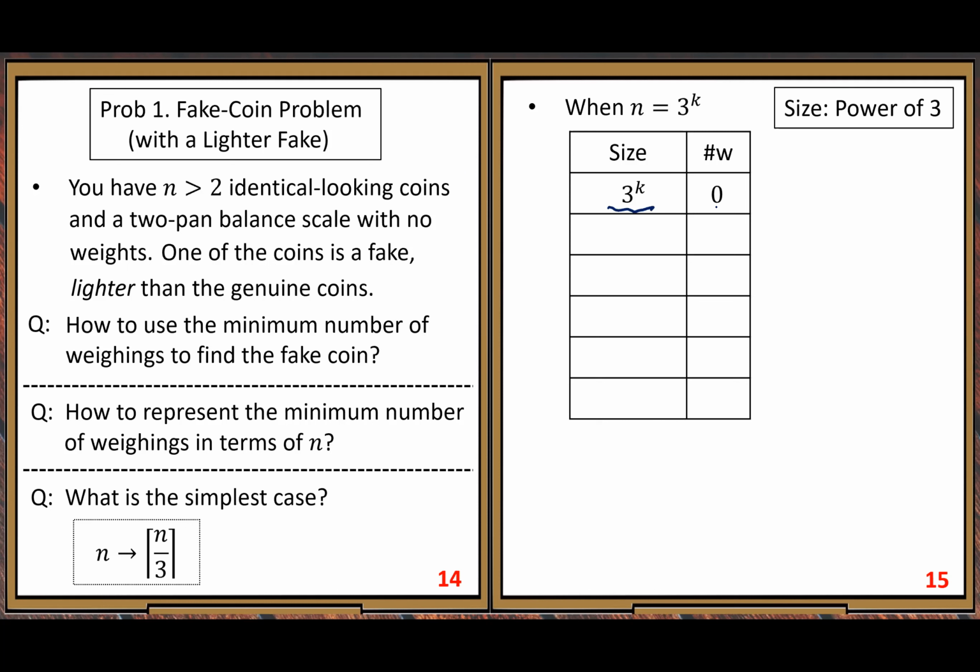We haven't done anything, so the weighing number that we have done is 0. Okay, the size is 3 to the k. Now, let's do one weighing. After one weighing, what is the size?